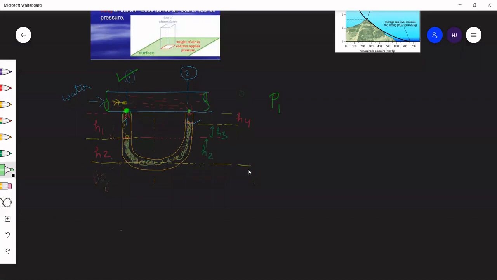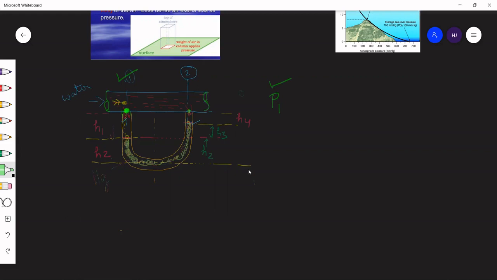Can you see the mouse pointer? Yes, sir. Okay, so this point I'm circling with green. When I'm here, my pressure will be P1.